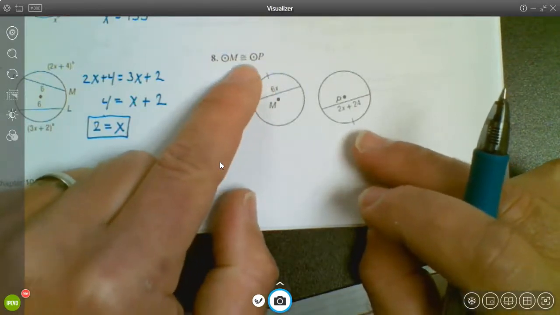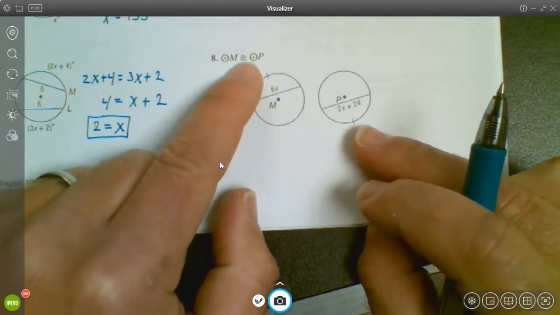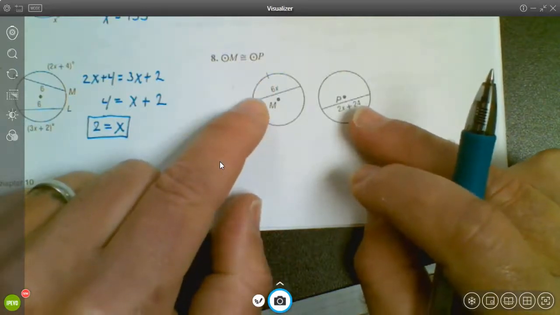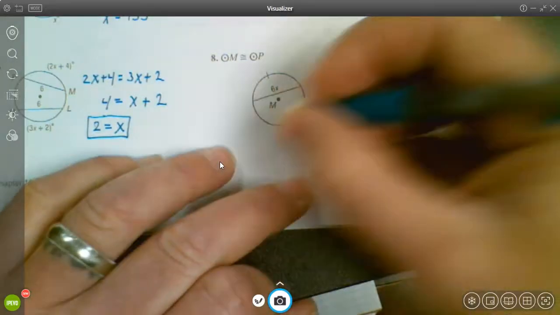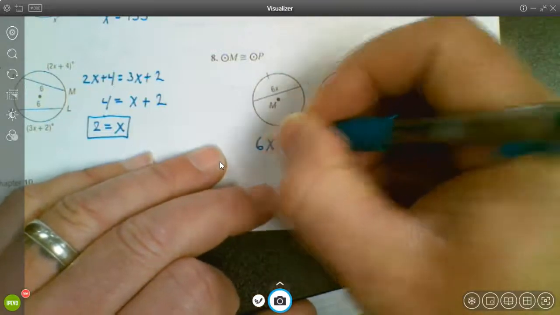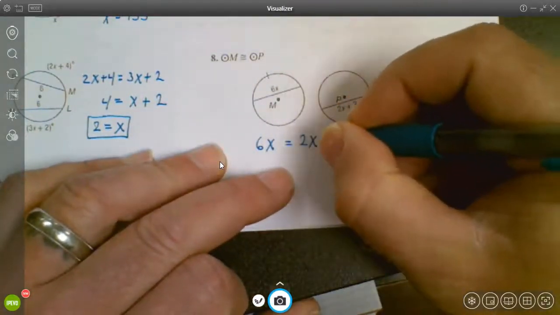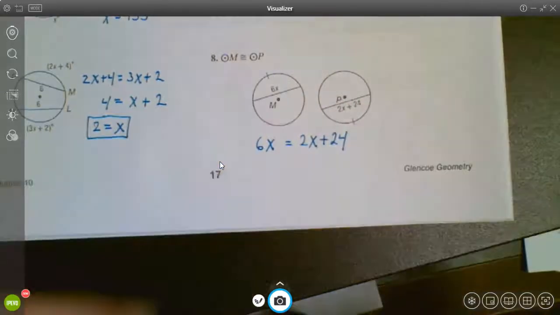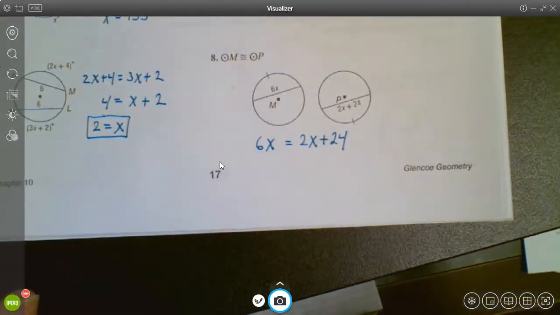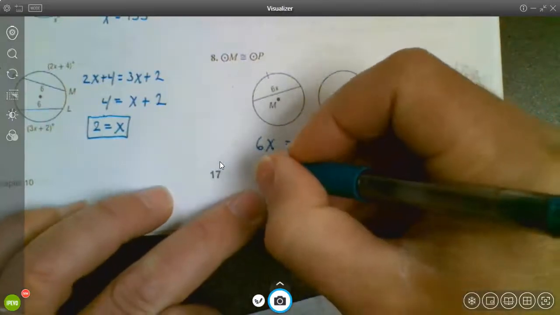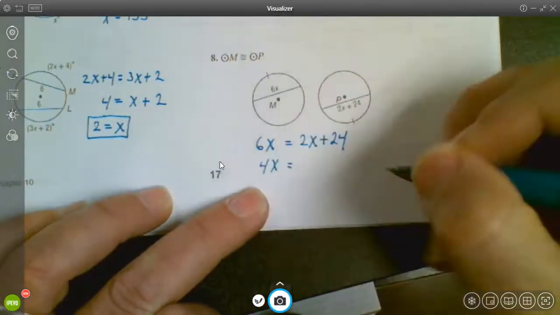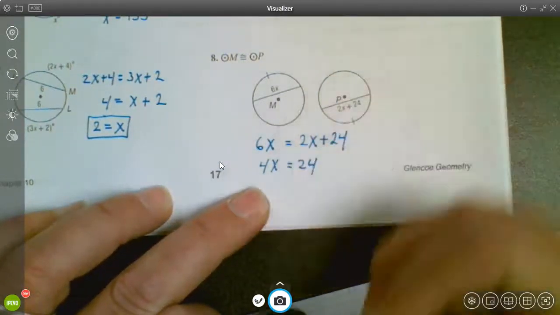So that now we can say, well, if those two arcs are congruent, then this still makes these two chords congruent because they're coming from the same size circle. So that allows us to set up that equation, subtract 2x from both sides, and divide by 4.